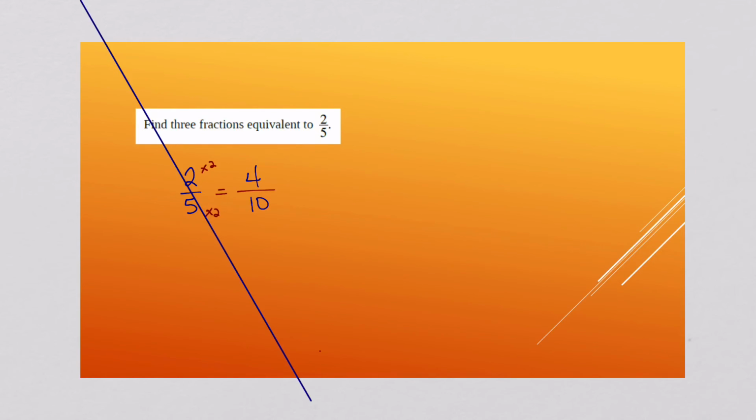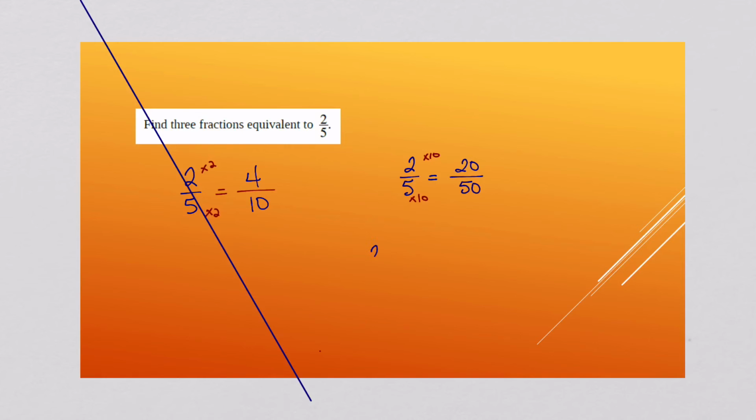Let's find another one. So I've got 2/5 is equal to, let's pick another number. Let's pick maybe 10. We could multiply top and bottom by 10. So whenever I multiply the top by 10, I get 20. When I multiply the bottom by 10, I get 50. So 20/50 is equal to 2/5. Let's find one more.